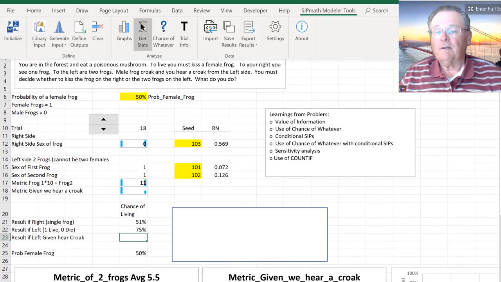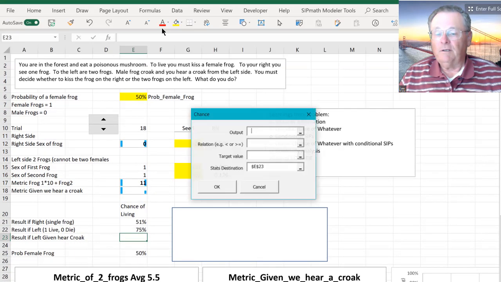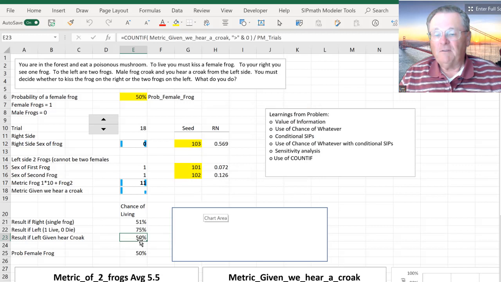SIP math, chance of whatever, this value metric is greater than 0, okay? And it gives me 50%. But that is the wrong answer because I divided by all trials. I only need to divide by the trials that are active.